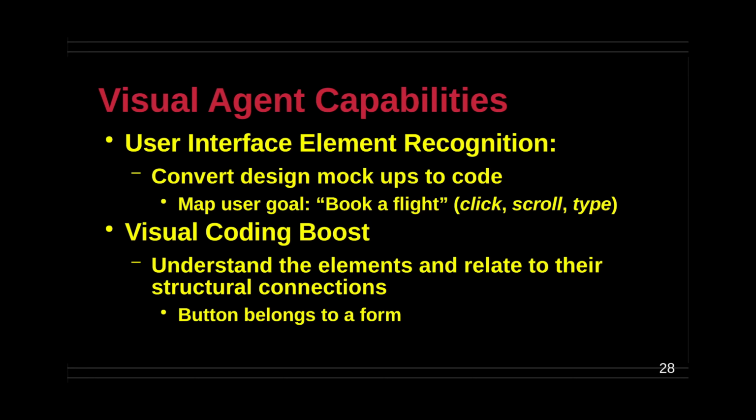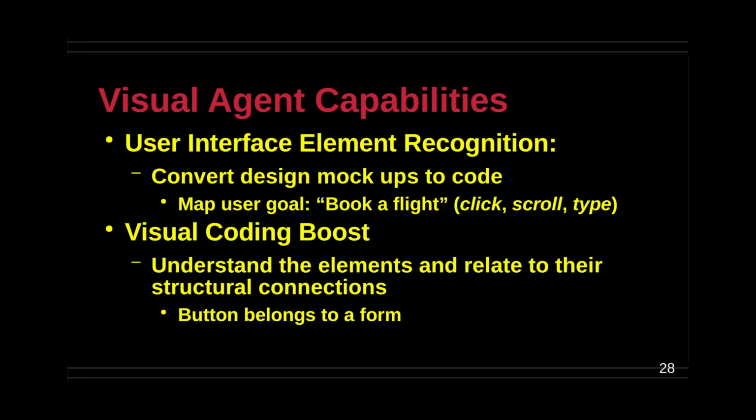Graphical user element recognition: it can perceive GUI elements, understand their functions, and can plan steps to complete tasks across desktop or mobile interfaces. For a small model, this capability is a breakthrough, enabling it to map a user's goal, for example, book a flight, onto a multi-step sequence of visual actions: click, scroll, type.